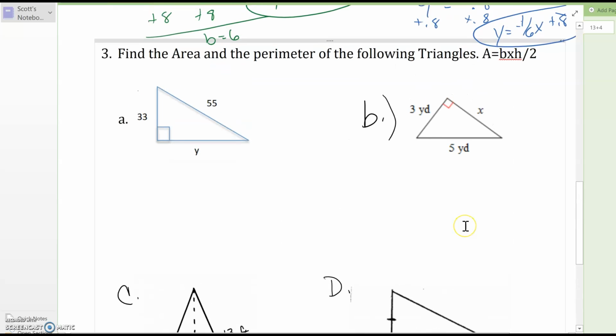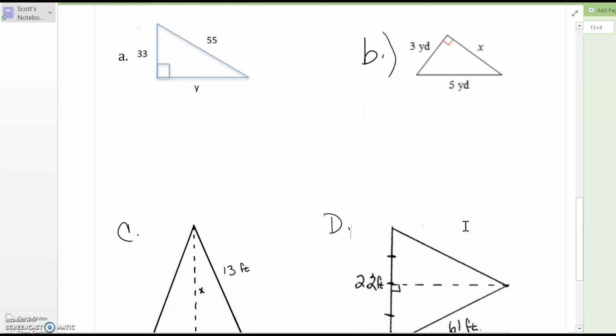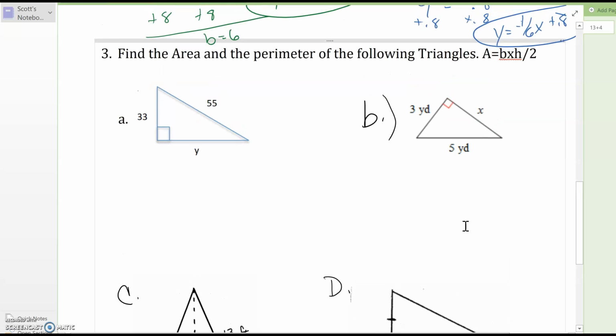All right. These last 4 questions will be the end. Okay. I need to find the area and the perimeter. So right here is my formula, base times height divided by 2. Again, these will always connect at the 90 degrees.